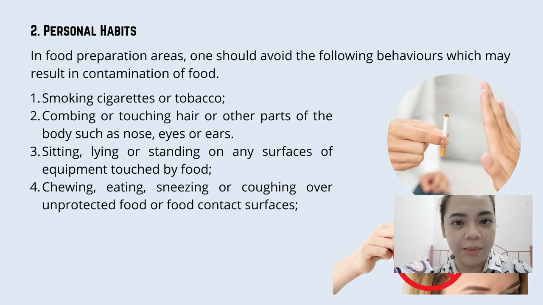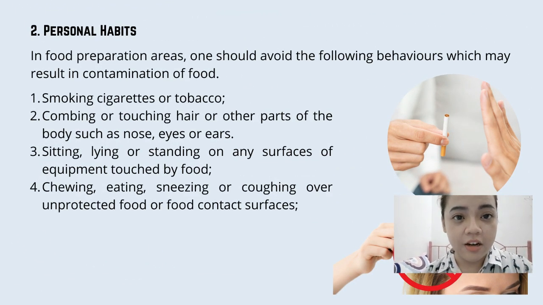2. Personal habits. In the food preparation area, one should avoid the following behaviors which may result in contamination of food. 1. Storing personal belongings such as handbags, shoes and socks, umbrellas, and dirty clothing in any food preparation area. 2. Smoking cigarettes or tobacco. 3. Spitting. 4.